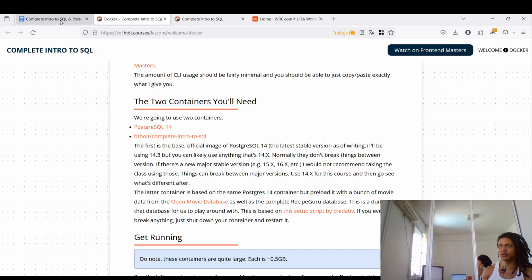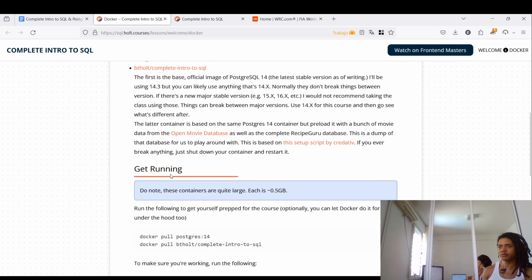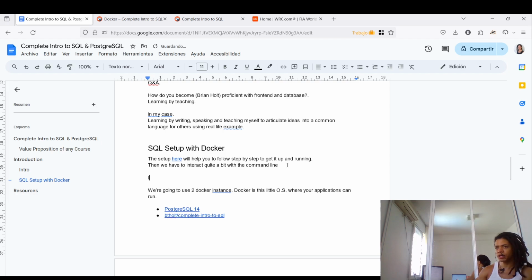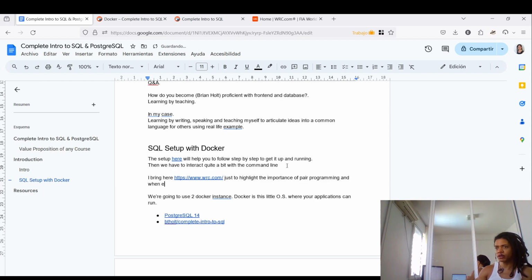I bring here the WRC just to highlight the importance of pair programming when you're learning something. That's the reason why I bring it here.